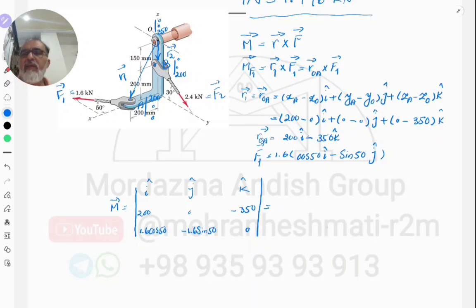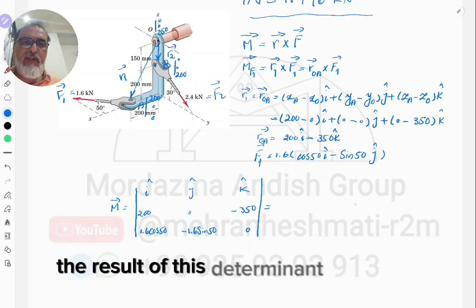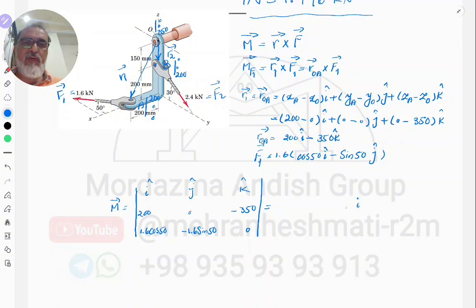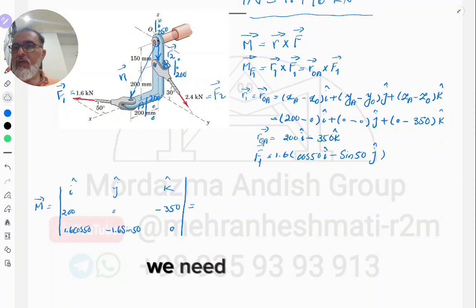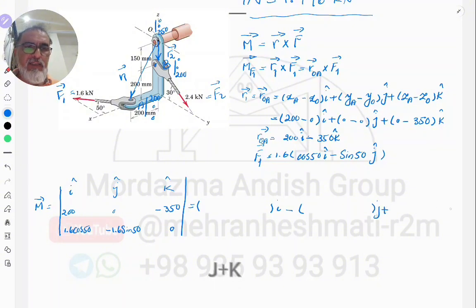To find the result of this determinant, we need more space, so i minus j plus k.